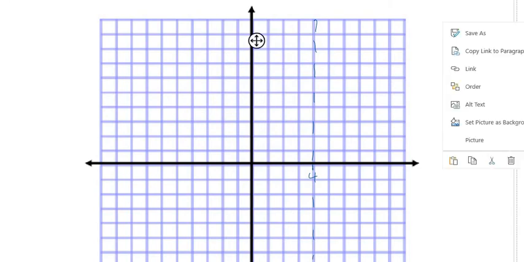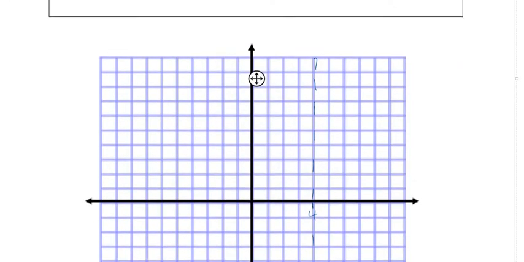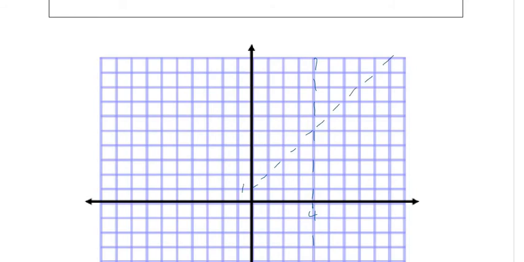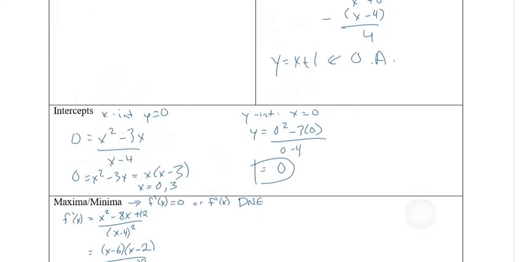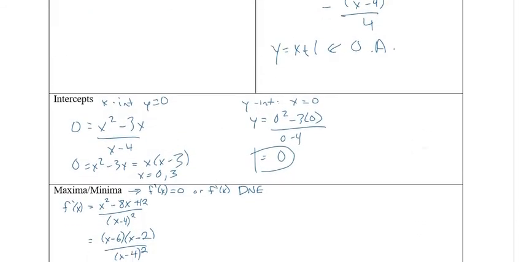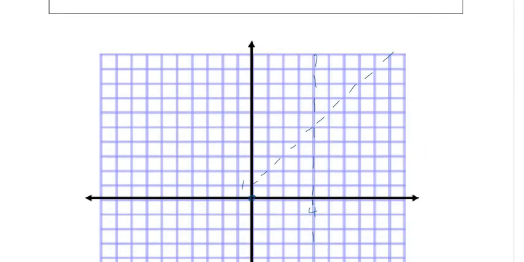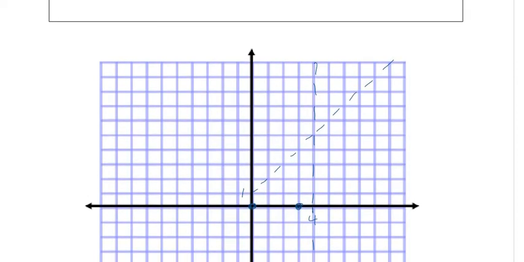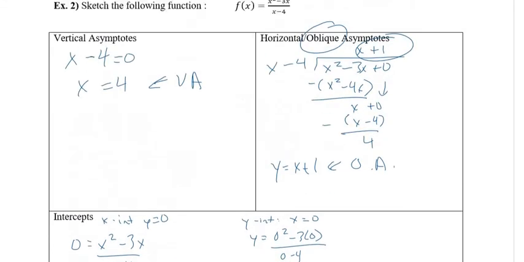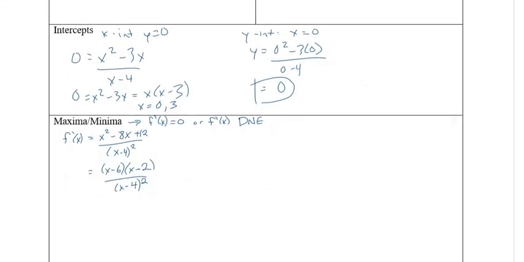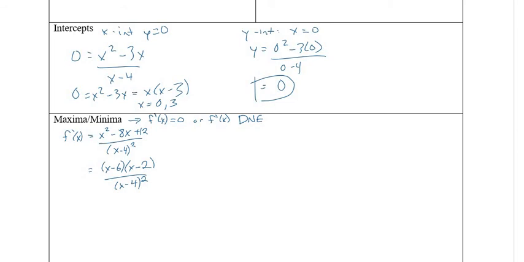And then we have a slant asymptote around y equals x plus 1, which is just y equals x, but shifted up by 1. And then we have intercepts at 0 and 3 on the x-axis. And then 0 as our y-intercept. So we can already see it's starting to take a bit of shape, but let's gather a little more data before we start filling in this whole thing.